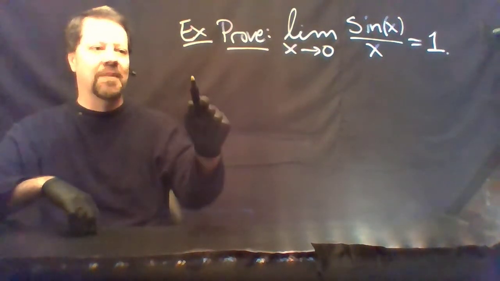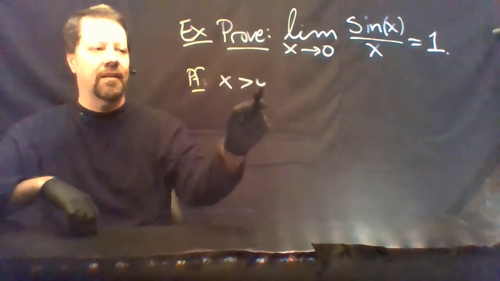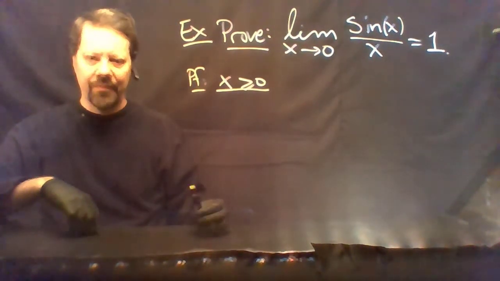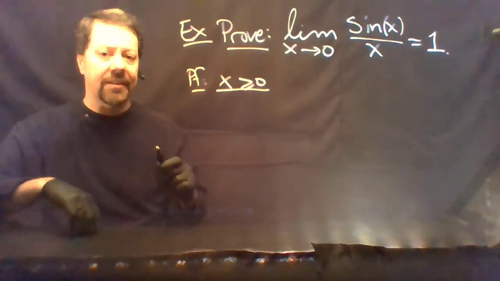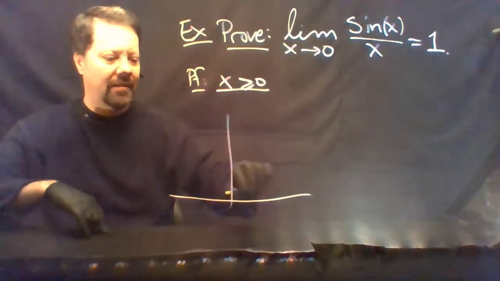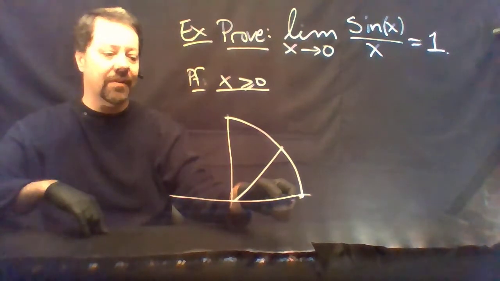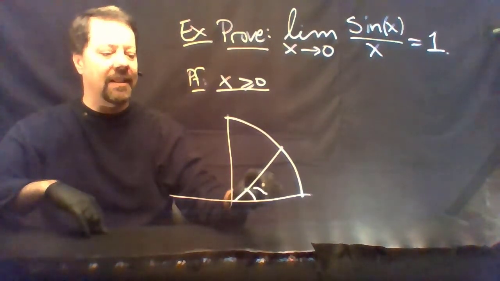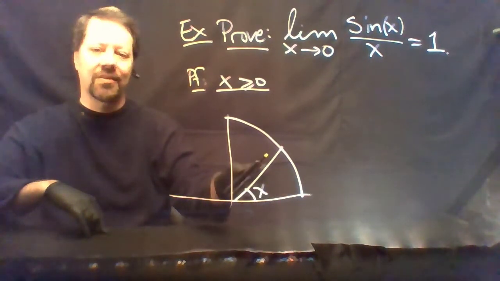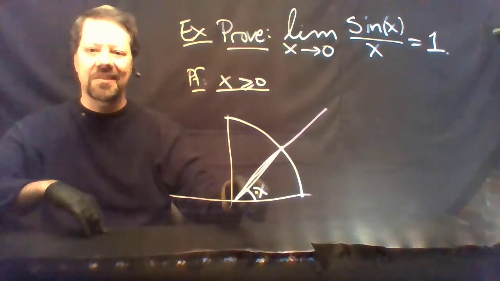Let's begin by supposing that x is greater than or equal to 0. We'll deal with the negative case later. We'll draw a picture of an arc of a circle. We'll suppose that the measure of the angle coming from the positive x-axis to this ray is equal to x.